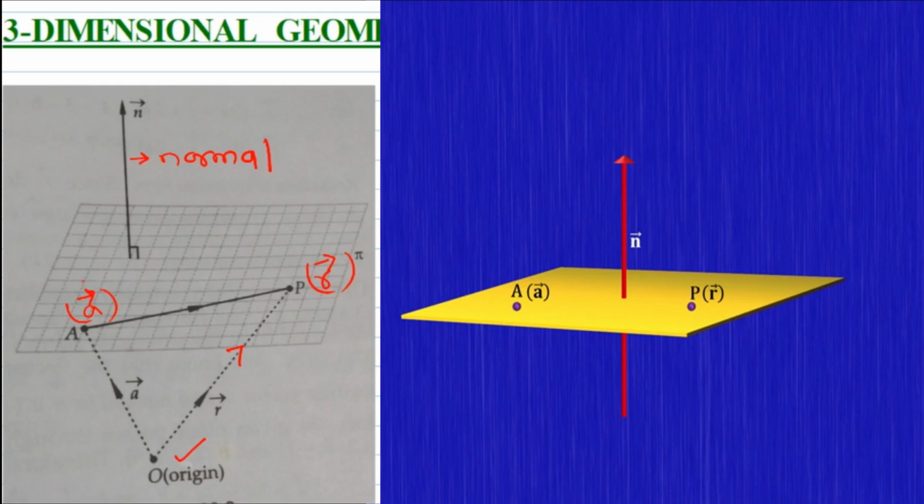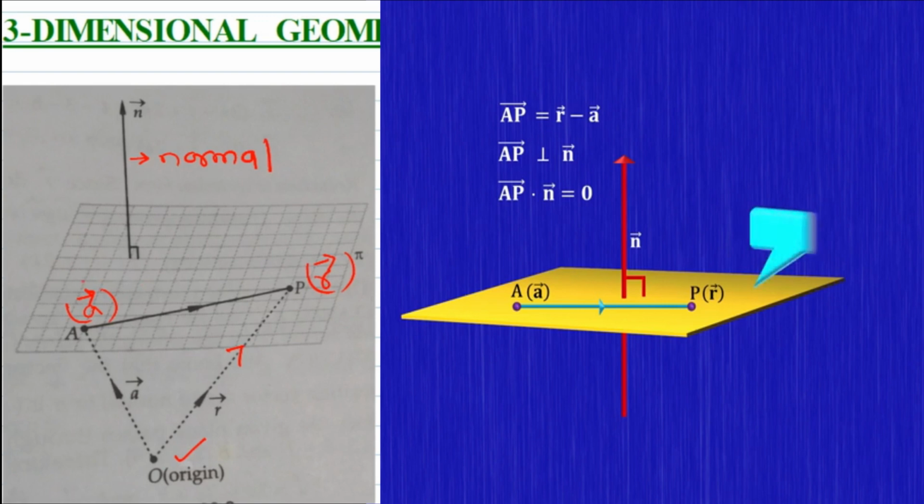Normal means it is perpendicular to the plane. If you join AP, then you will get one line segment. So n vector is perpendicular to the line segment AP. AP is equal to how much? The position vector of P minus the position vector of A, that is R minus A. So AP is perpendicular to N, that means their dot product is equal to 0. AP dot N is equal to 0, isn't it?